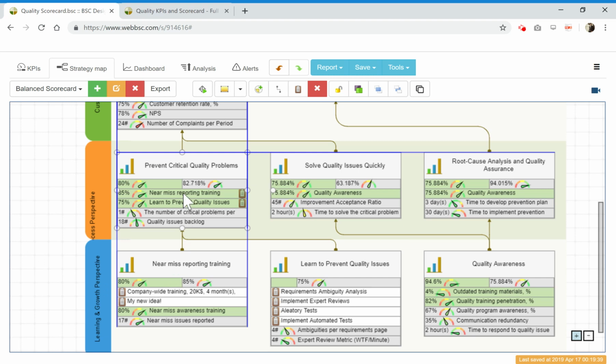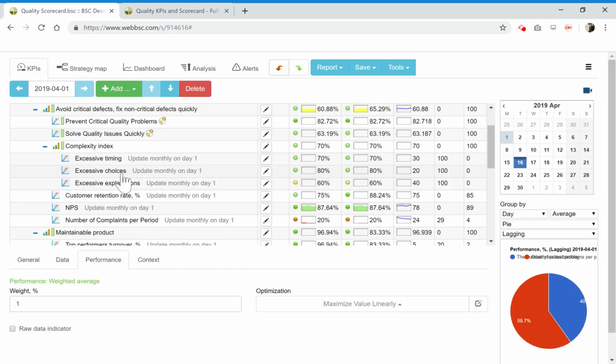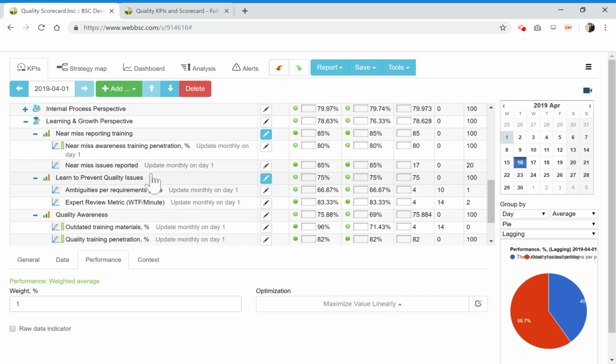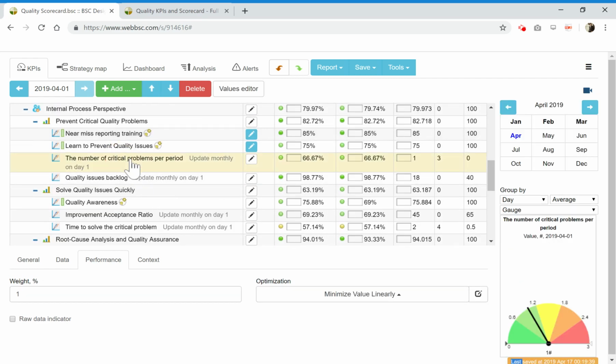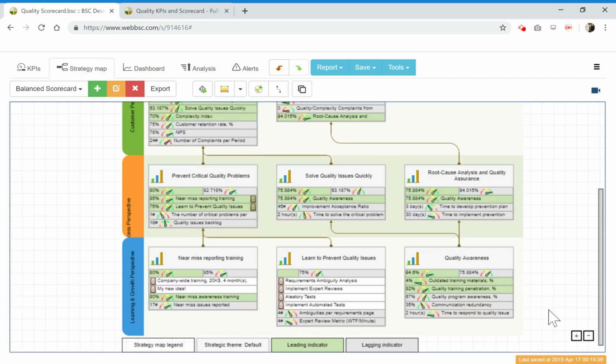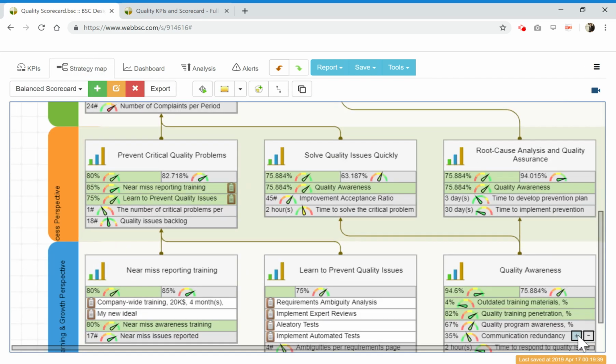So near-miss reporting is contributing here. And what we are going to track is the number of critical problems. Let me open it. Internal. The number of critical problems per period. So that's what we will be tracking.